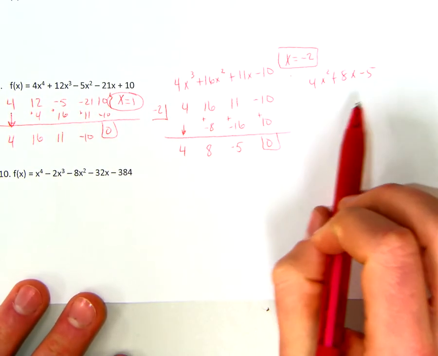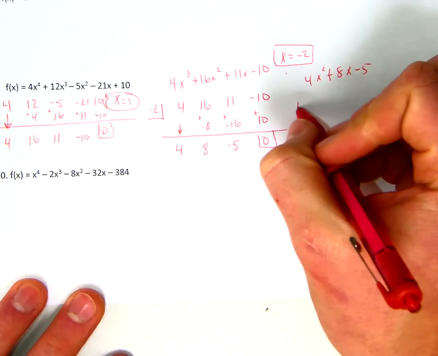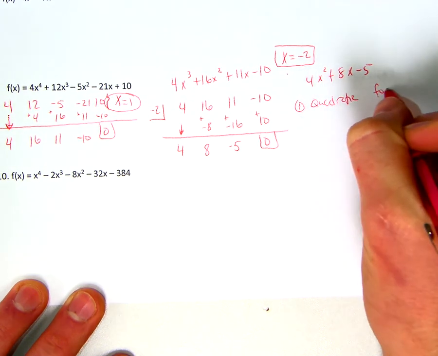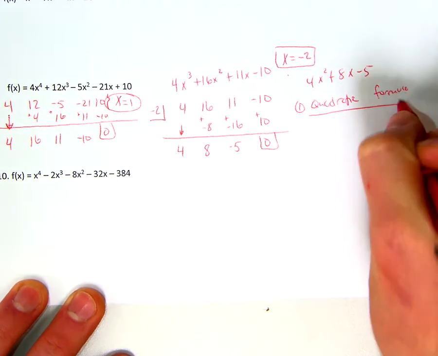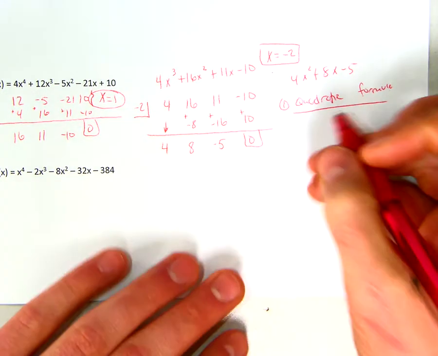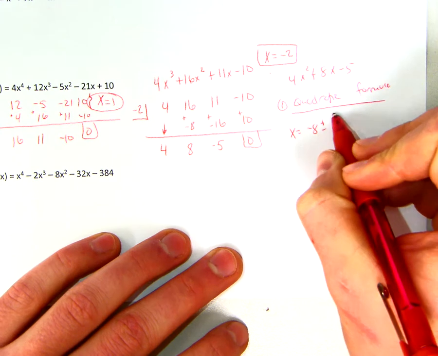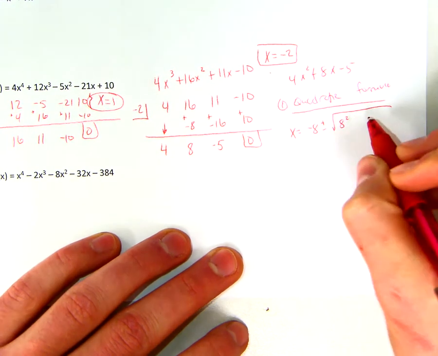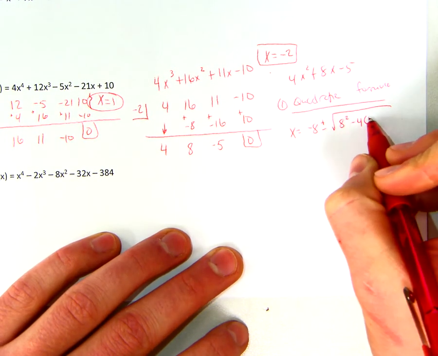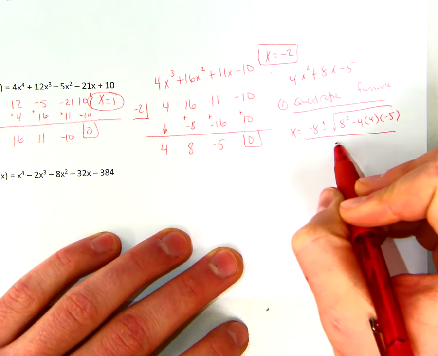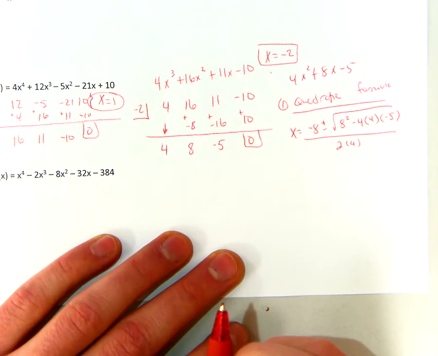You could use the x factor way. This time I'm going to show you the quadratic formula way. I'm not going to rewrite it, but you'll get x equals negative 8 plus or minus the square root of 8 squared minus 4 times 4 times negative 5, all over 2 times 4.